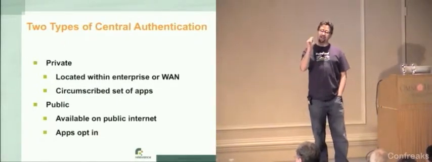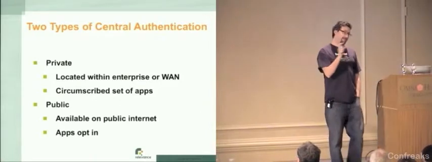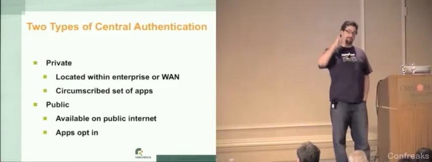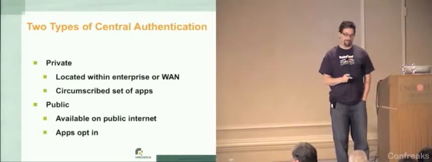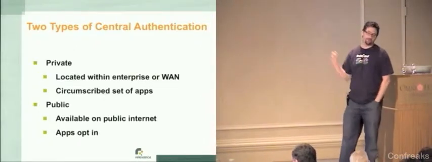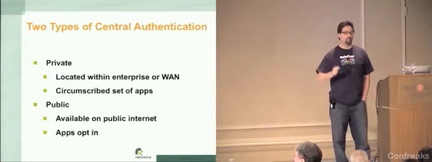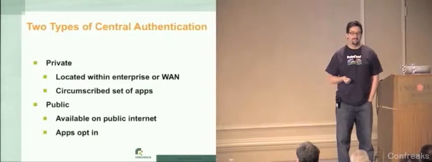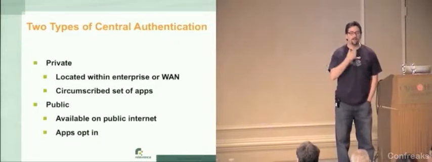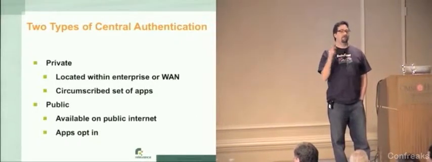And you can supply that URL to random applications who can then go off to that central server and verify that you are who you say you are. There's a huge difference between the private version of central identity and the public version of central identity. Does anybody know what the big difference is? What's that? Federated. More low level than that.